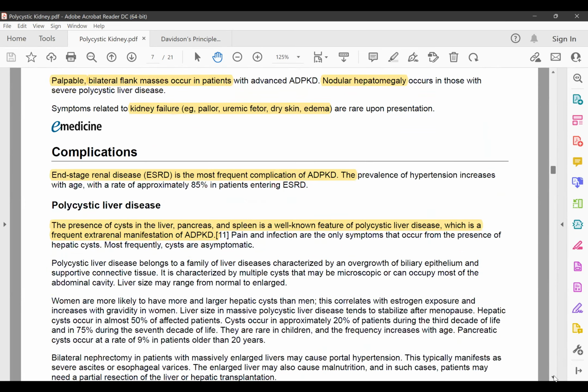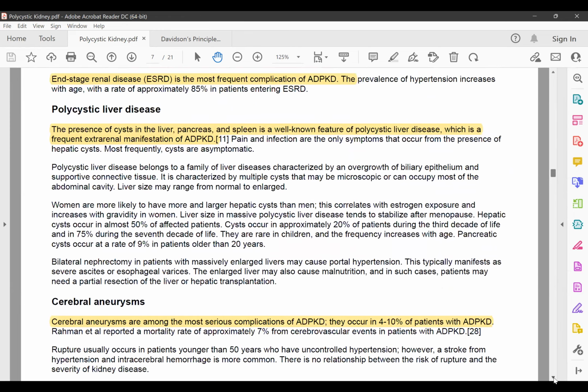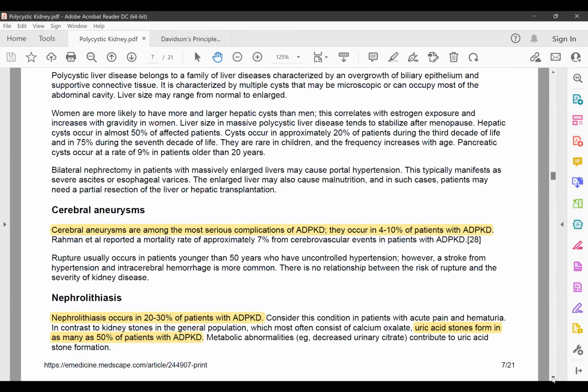End-stage renal disease is a common complication of ADPKD, and polycystic liver disease should be suspected, particularly in women. There could be cysts in the spleen and pancreas. Pancreatic cyst can lead to MODY type of diabetes, maturity onset diabetes of the young.